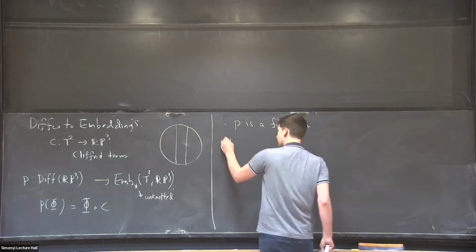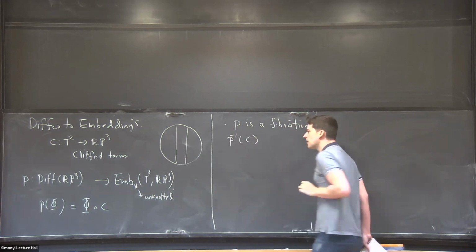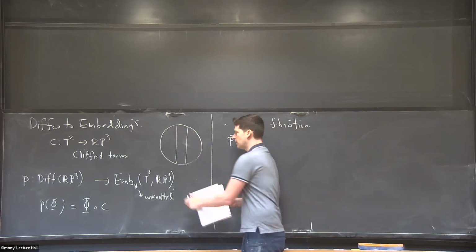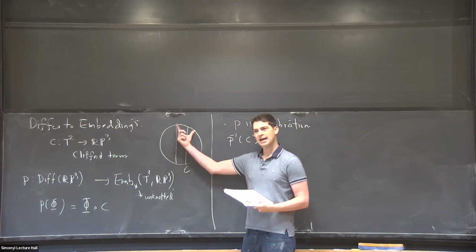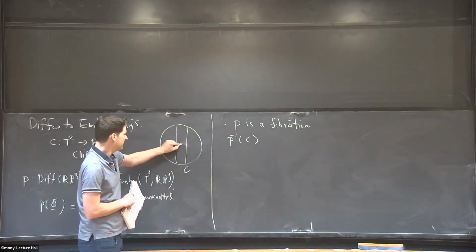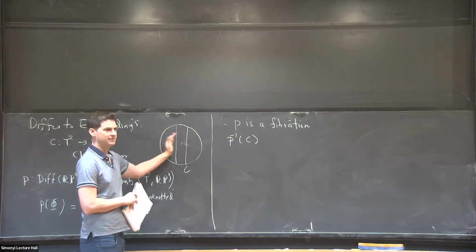So what's the fiber? That's asking, what are all the diffeomorphisms which fix this particular Clifford torus pointwise? If it fixes this pointwise, it's some diffeomorphism of each handle body separately.